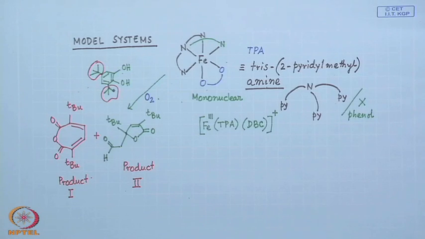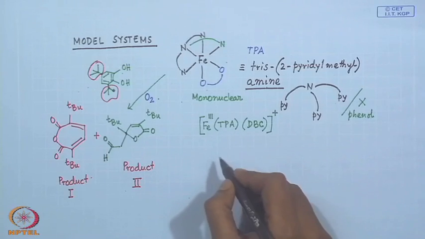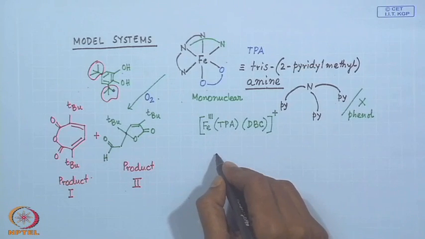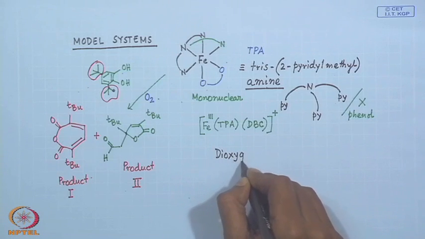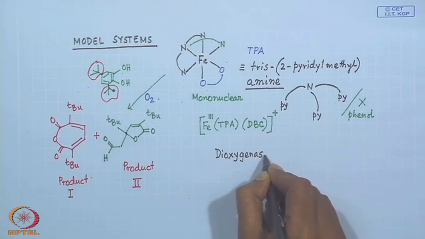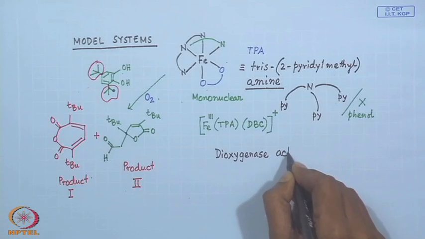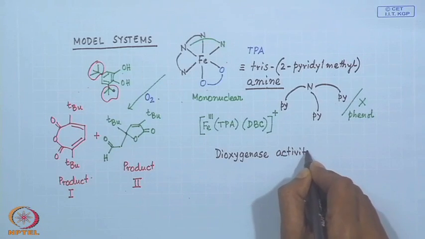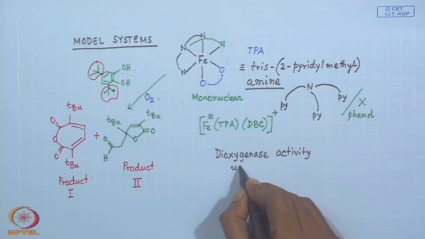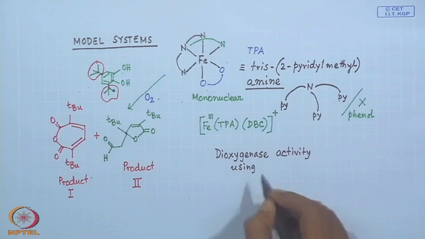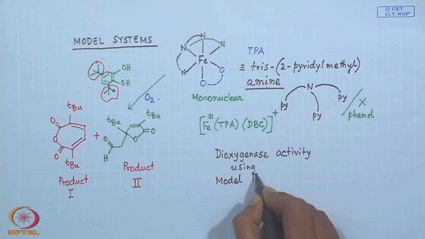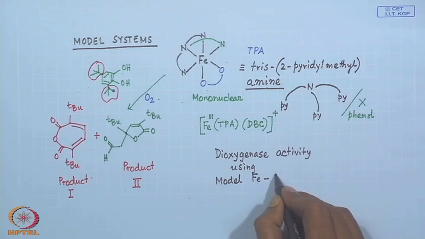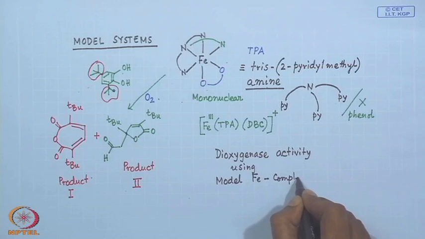You can make the compound in the laboratory and show the dioxygenase activity using a model iron complex, which you can make in the laboratory.